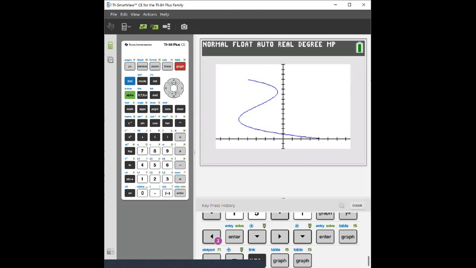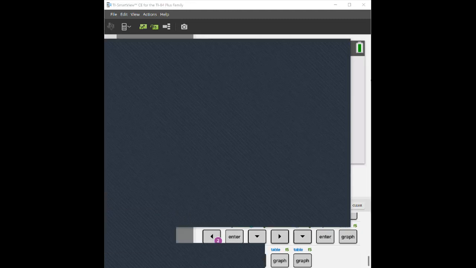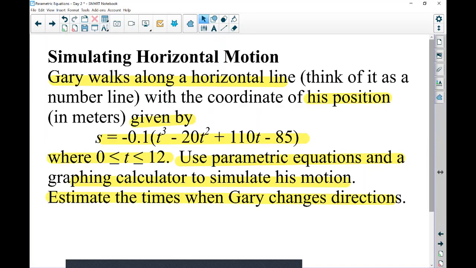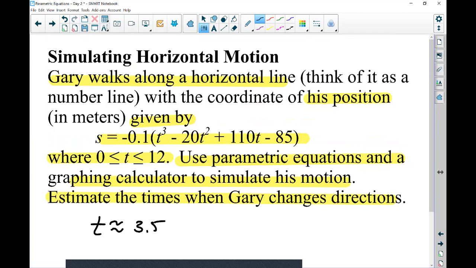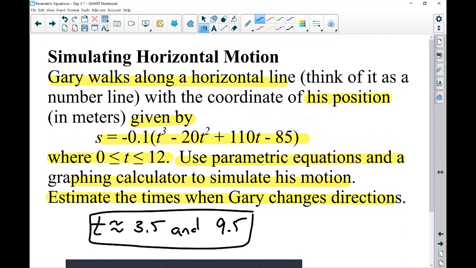So we estimate: about 3.5 and about 9.5 would be a pretty good estimate. And that's probably in seconds.